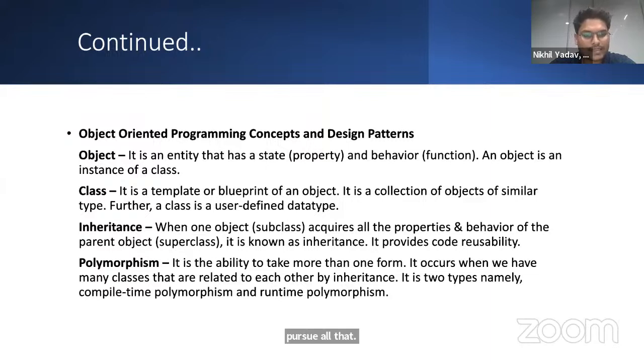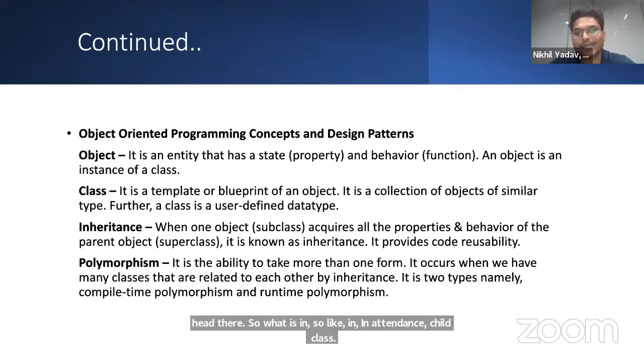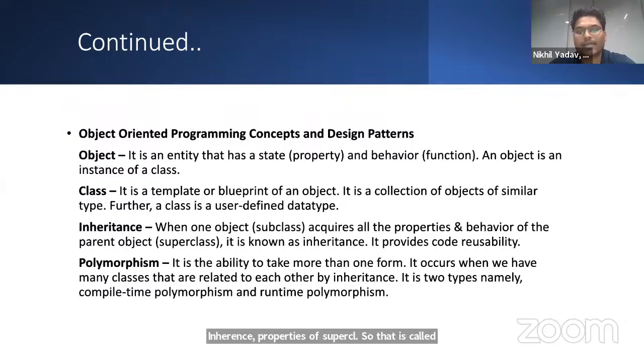The next topic in object-oriented programming is inheritance. What is inheritance? In inheritance, a child class inherits properties of the superclass. It is frequently used.